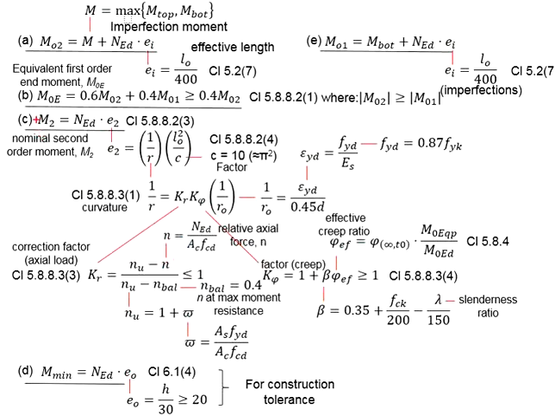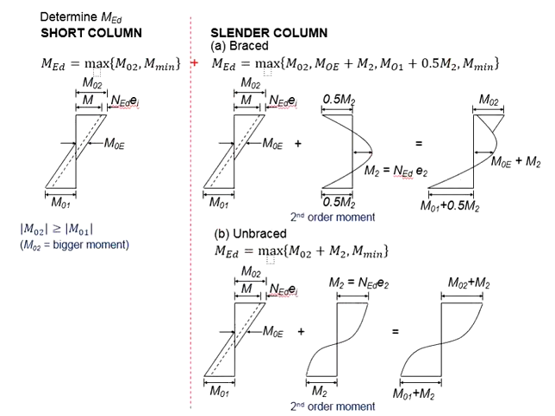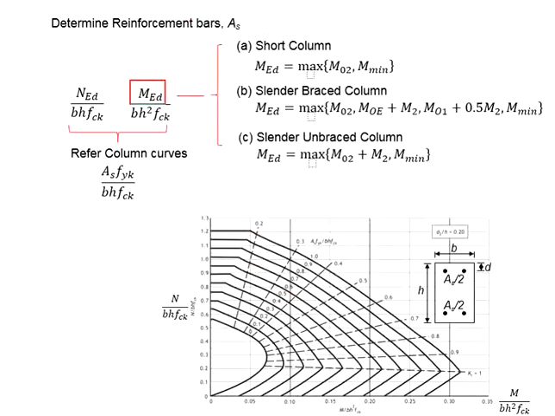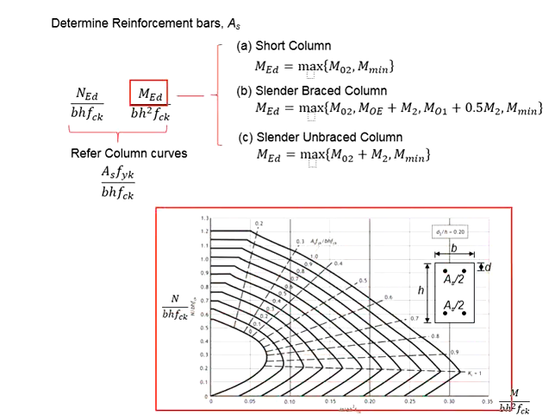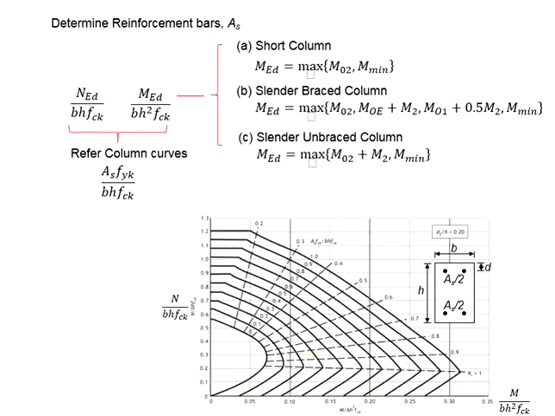This will lead to the assumed M2 for you to work out the MED as a start. Use the MED and refer to the column design chart. You work out the AS required.